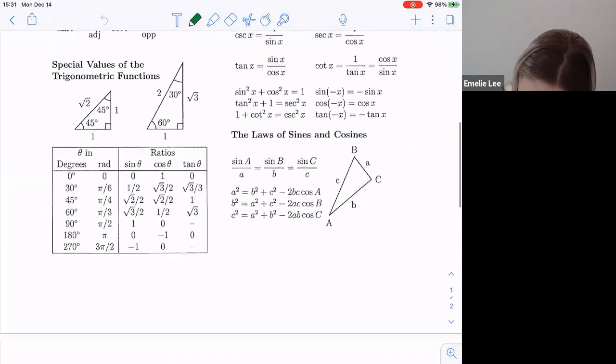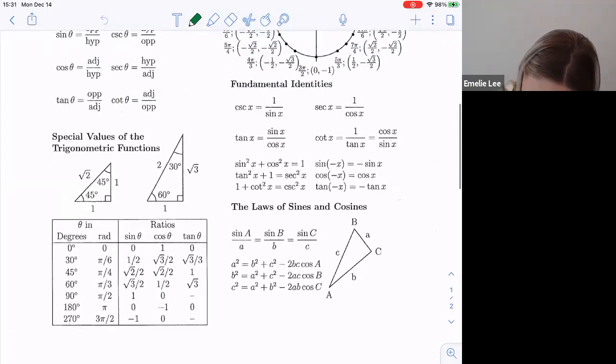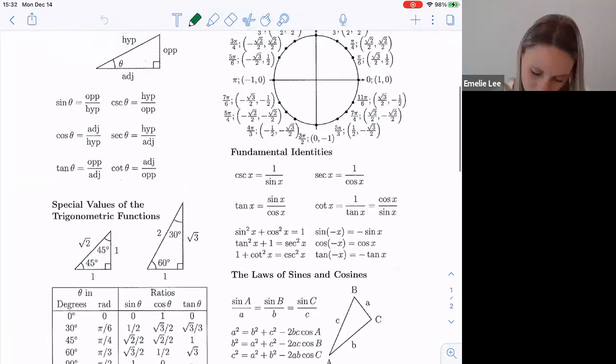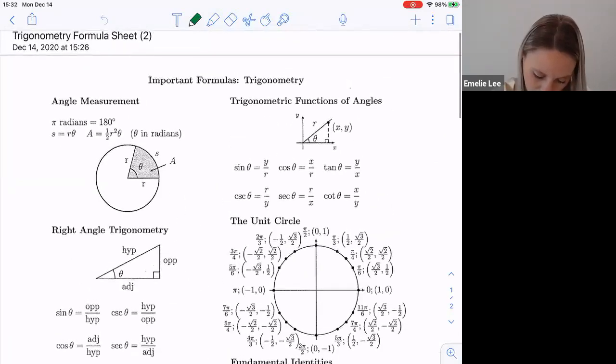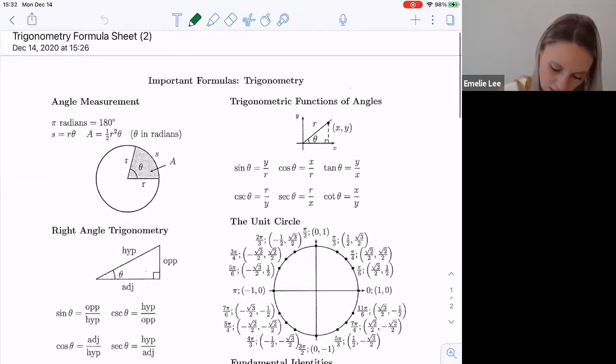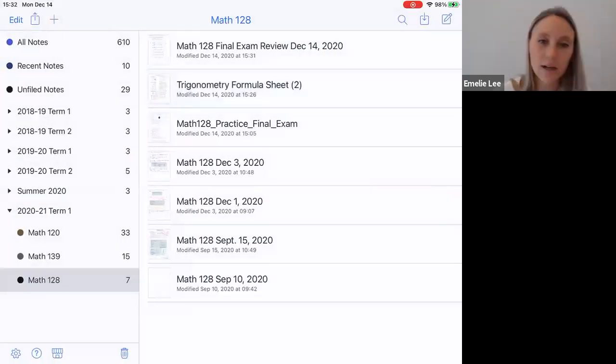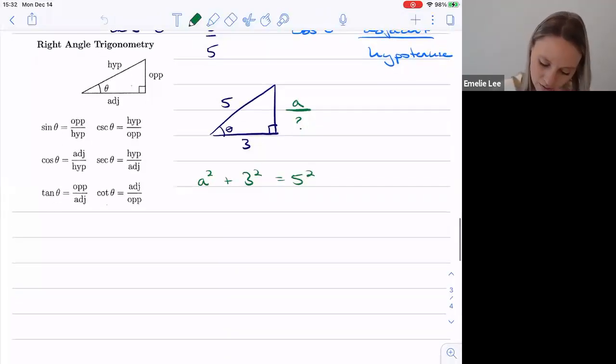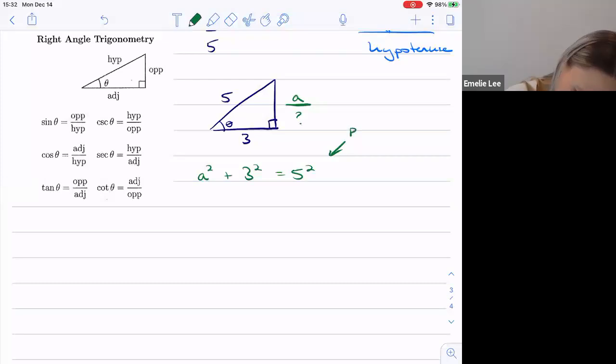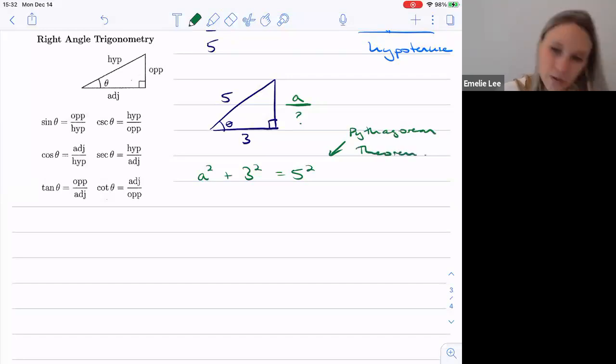We do assume that you know it, which I think is fair. If not, this is the Pythagorean theorem, so you can look that up if it doesn't look familiar. Okay, a squared plus b squared equals c squared.